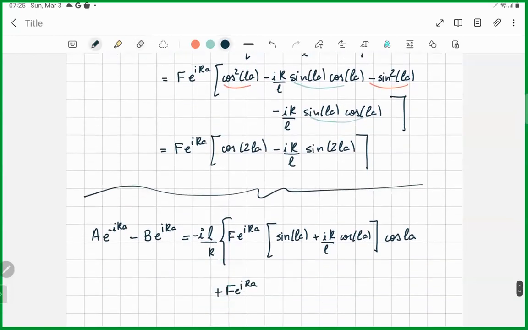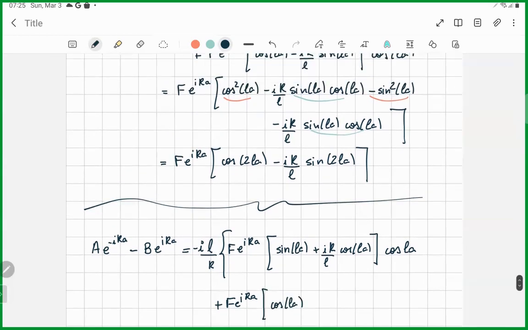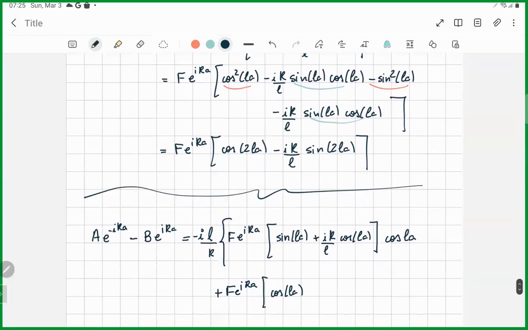Okay, so inside here, we have cosine of LA minus ik over L sine of LA, and this is all multiplied by sine of LA.